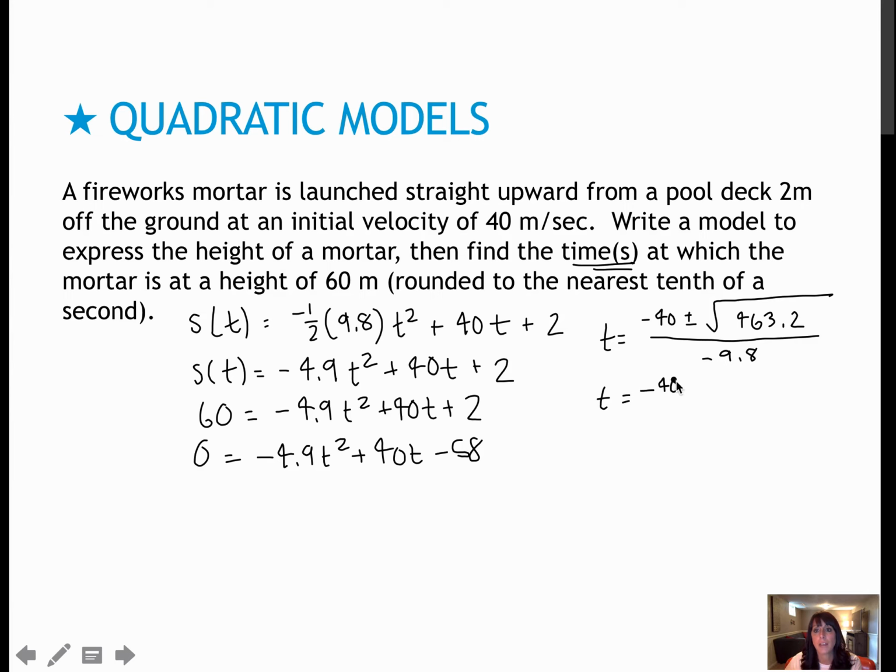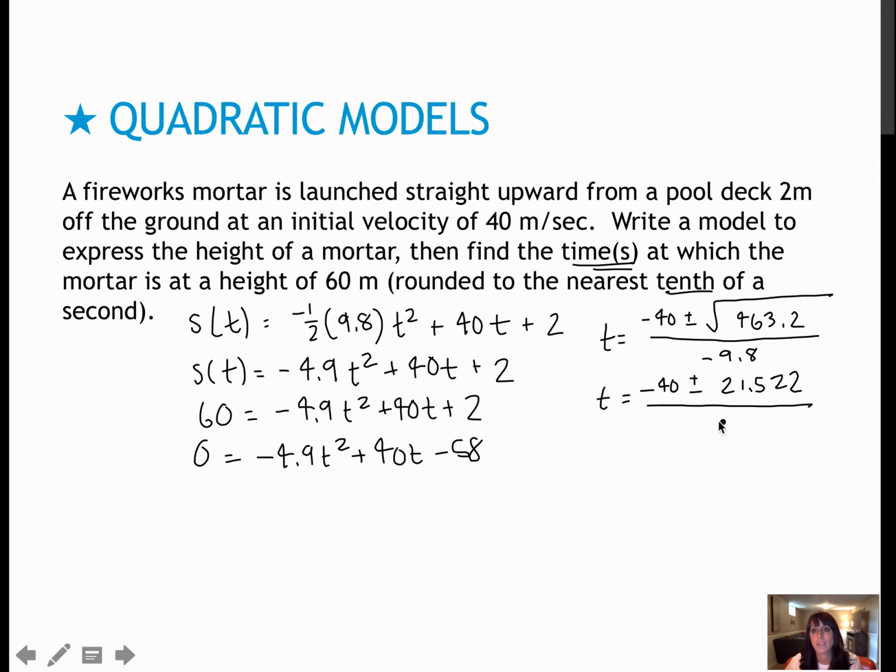I'm then going to find the square root of 463.2. And notice that it says round to the nearest tenth, but when I'm rounding this value, once I take the square root, I always round further out than the tenth. So I'm going to round this to 21.522.